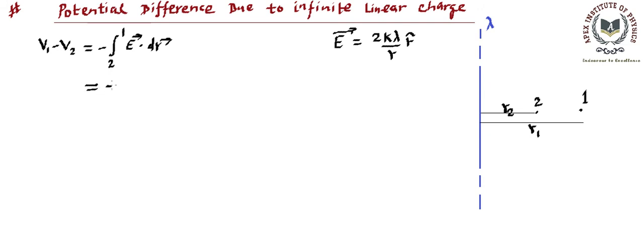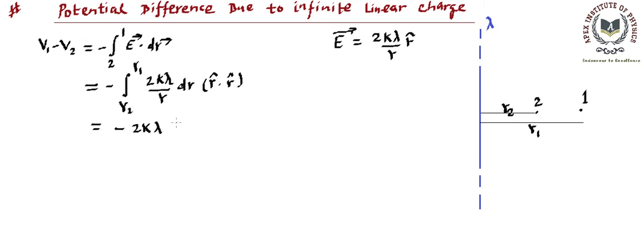Carrying this forward, this is going to be the integration with limits from r2 to r1 of E, which can be written as 2k lambda upon r, dr, and we will have r cap dot r cap, because dr, as we know, is dr r cap. So this unit vector dotted with the same unit vector is 1. Then this integration will be equal to minus 2k lambda, which will be outside, and this will be 1 upon r dr.